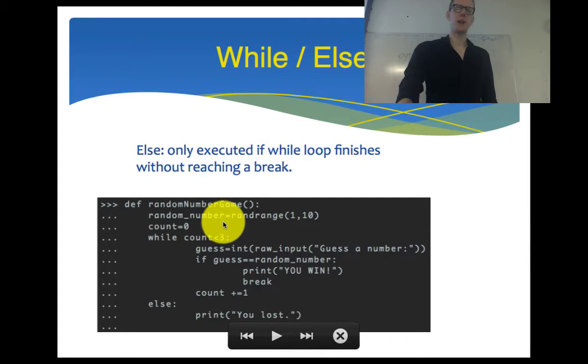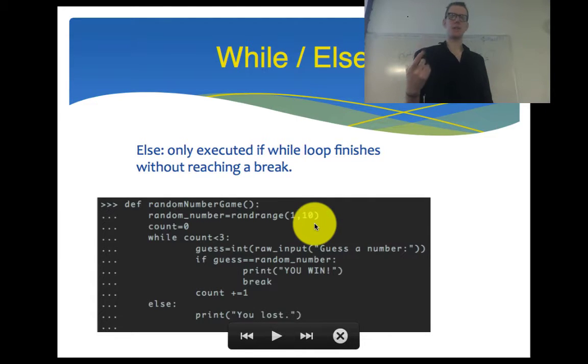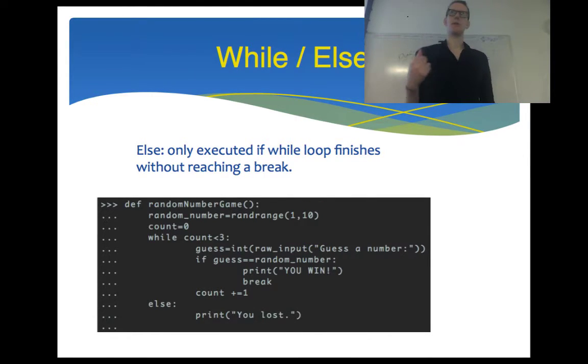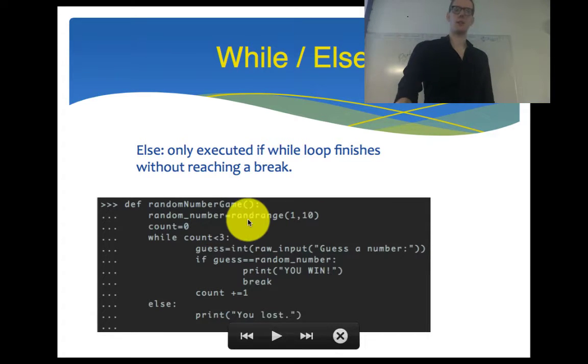I'm going to generate a random number using this randRange function. To get that function, you might need to do from random import randRange. I think it's in the random module in Python 2. So I generate a random number between 1 and 10.